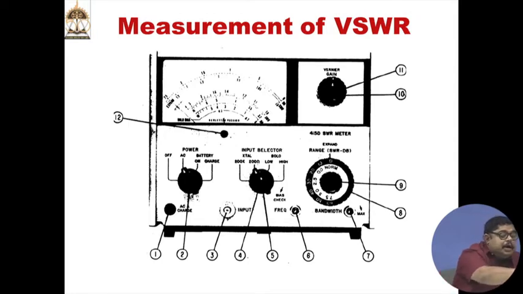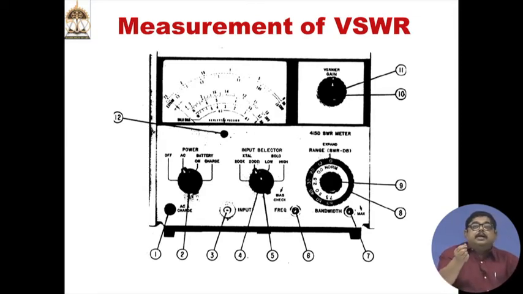Another important thing is 10 and 11, which are the gains. Suppose you are not getting a good amount of signal, then you can give the VSWR meter some gain. Actually, this VSWR meter is nothing but a tuned amplifier. Whatever voltage is coming, it amplifies and shows you.